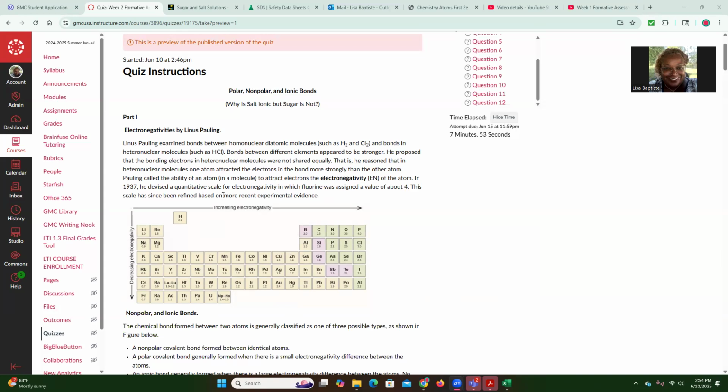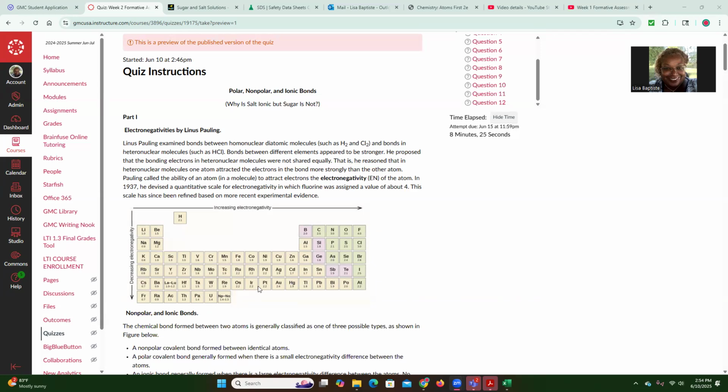This gives you some background on electronegativities. This electronegativity chart looks like your periodic table, but the values that are given are electronegativities. Electronegativity is an element's attraction for electrons. The higher the number, the greater the attraction for electrons. The lower the number, the smaller the attraction for electrons.